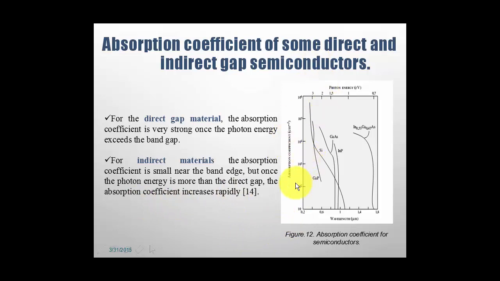In the graph you can see the absorption coefficient in centimeter inverse versus wavelength. The x-axis is denoted by the wavelength in micrometers, the y-axis is the absorption coefficient, and opposite to the x-axis it's photon energy in electron volts.